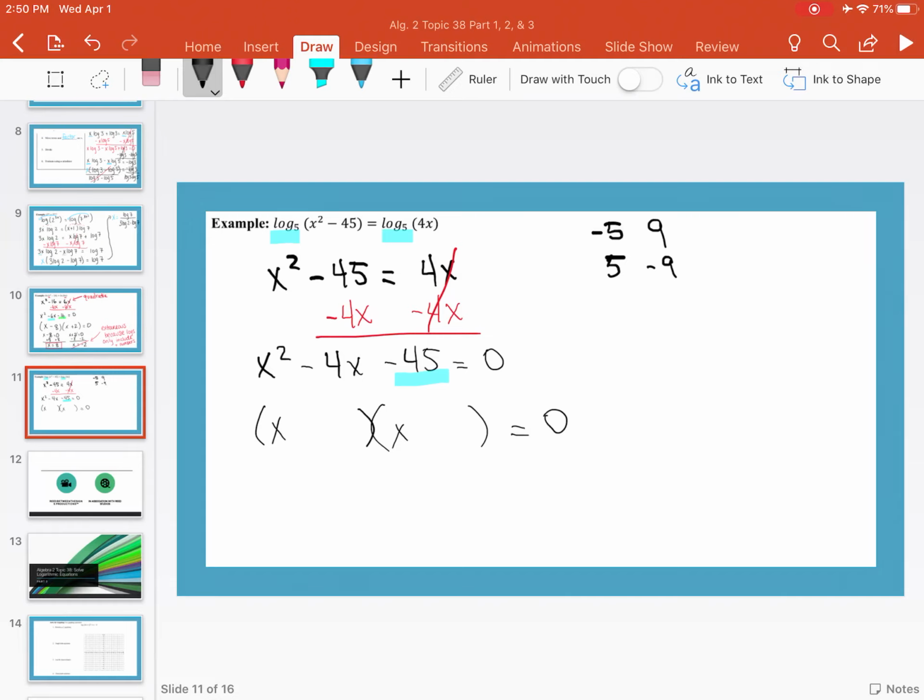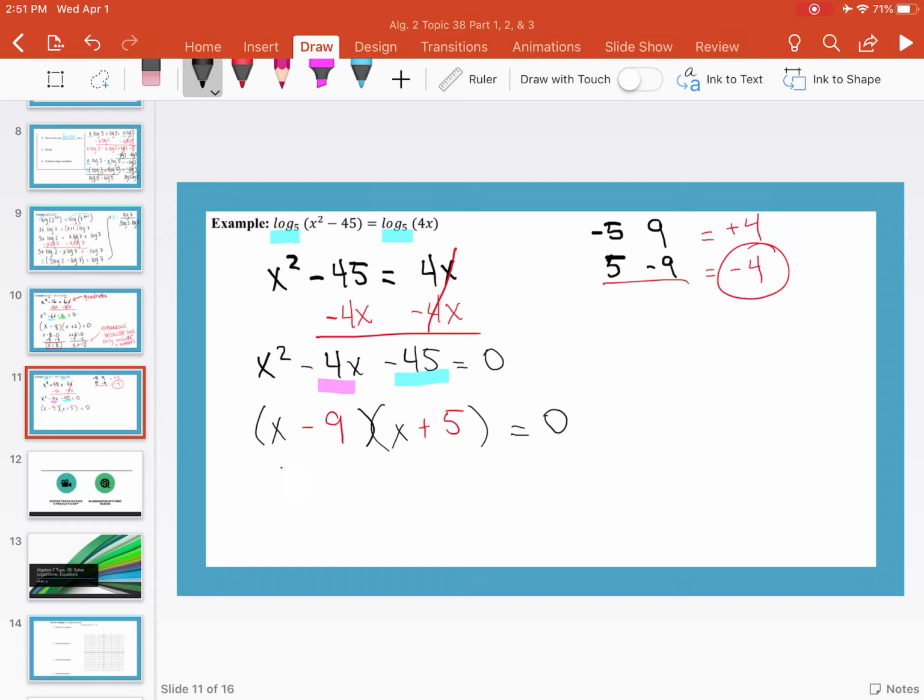But when we add them, we want to get our answer of negative 4. So if we add negative 5 plus 9, that gives us positive 4. And if we add 5 and negative 9, that gets us negative 4. So that's our answer. So our two factors will be x minus 9 and x plus 5.